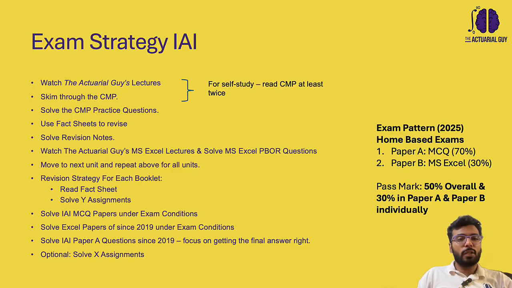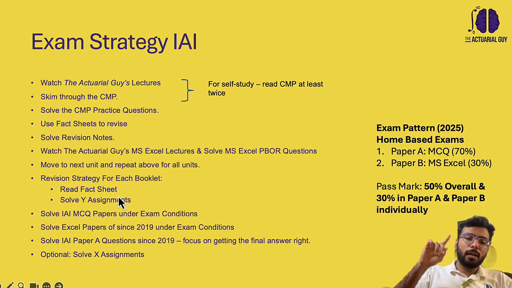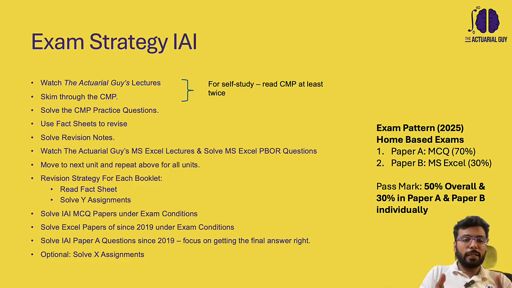In terms of your strategy, you follow the exact same strategy, except instead of solving IFoA past papers, you solve IA past papers, the MCQ papers, under exam conditions. The last couple of attempts, whatever have been the MCQ papers, you should solve under exam conditions.